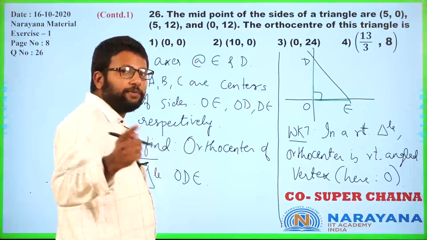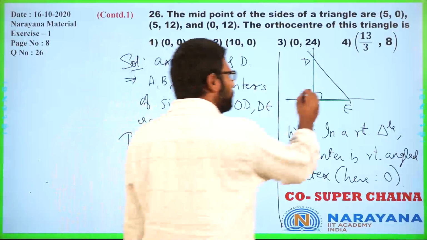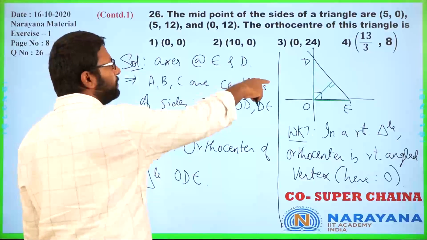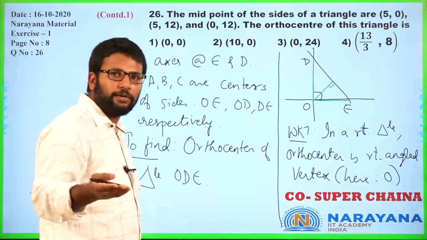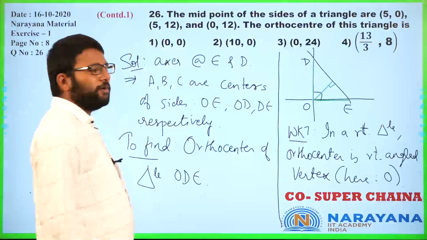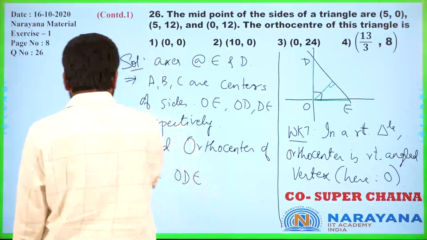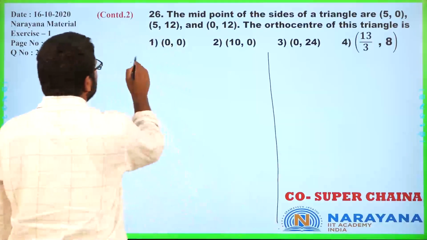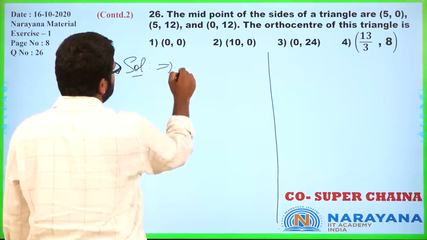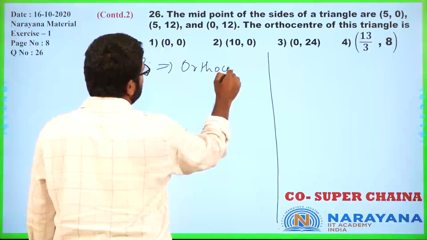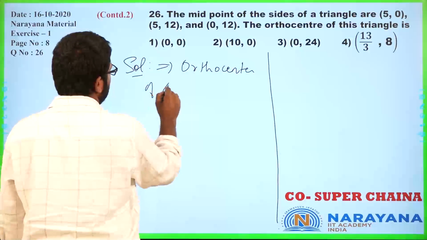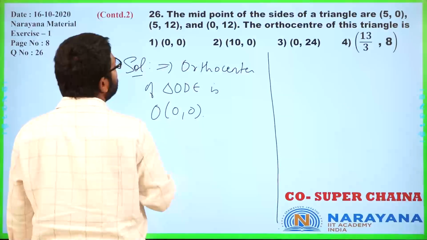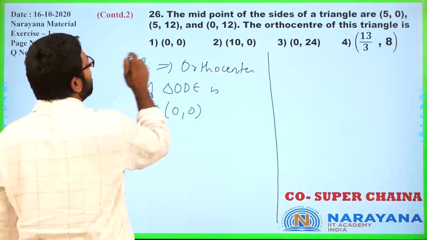Now if you are going to ask where is the third altitude, through O, now draw a third altitude. All the altitudes are meeting at O, correct? Therefore O is the orthocenter, which means the orthocenter of triangle ODE is O (0, 0), right?